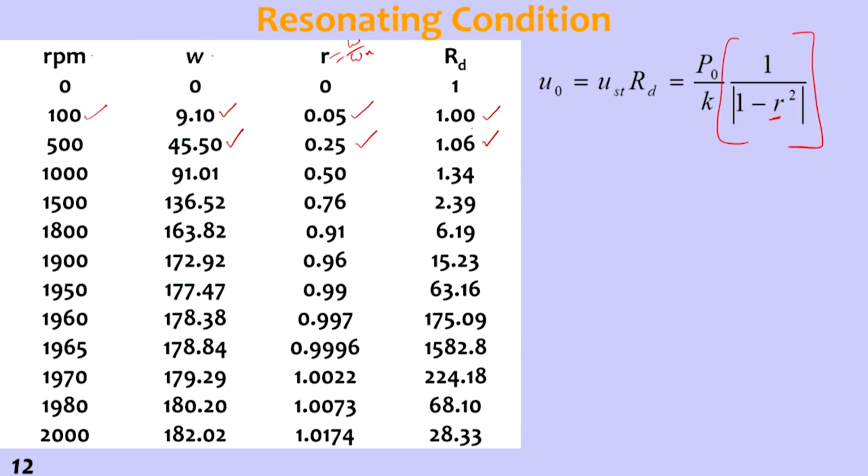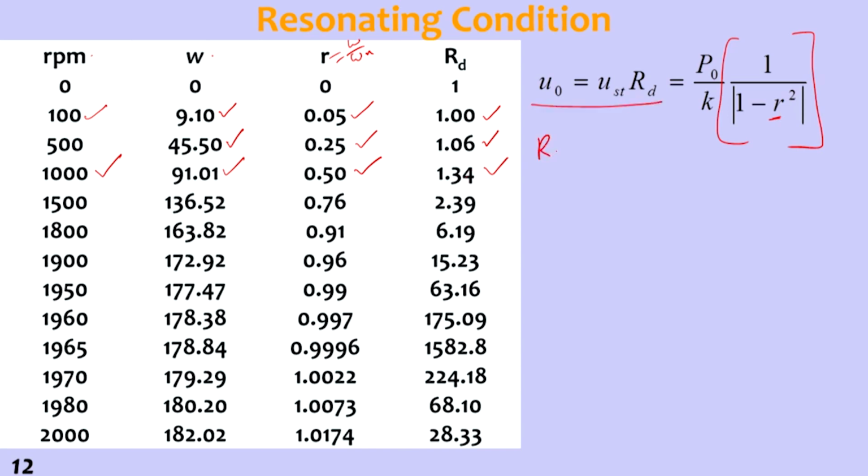That means there is not much difference between static deflection and dynamic deflection. When rpm became 1000, the forcing frequency is 91, and R has become 0.5. Here you can see there is a 30% increase between static deflection and dynamic deflection.